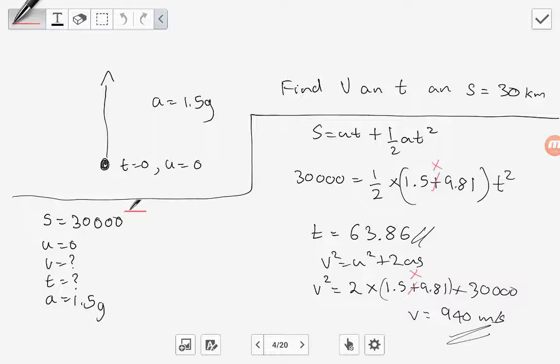So 30 kilometers is 30,000 meters. First we have to find x equals ut plus half at squared, and we substitute all the values in. Make sure the acceleration is 1.5 multiplied by 9.81, because 1.5 g, the g over here is gravity.